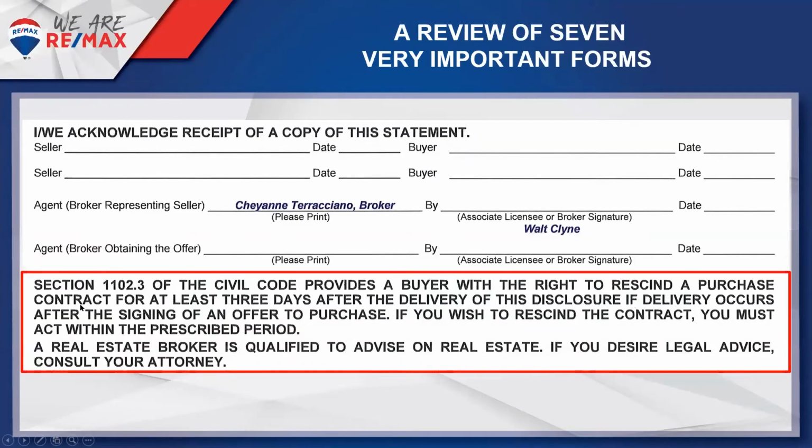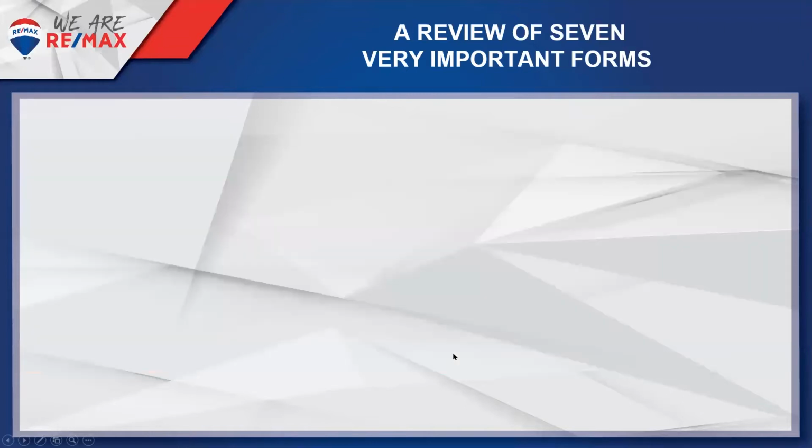And then it discusses Civil Code 1102, a buyer's right to rescission when this is delivered, if it wasn't delivered prior to the buyer writing up an offer. It has to be delivered prior to the buyer writing the offer, not prior to the offer being accepted.